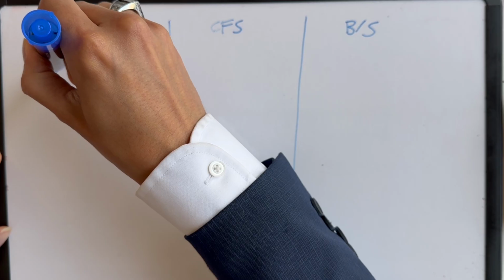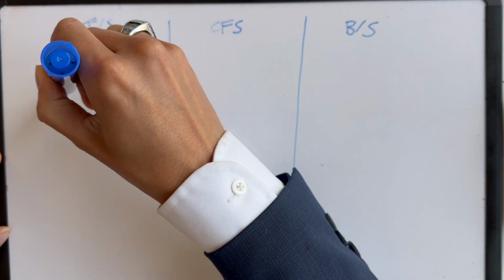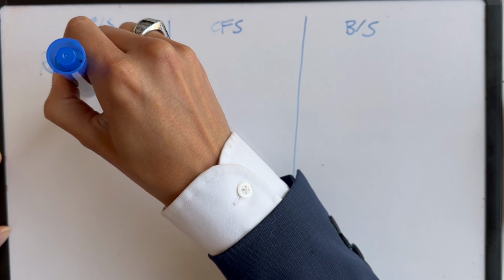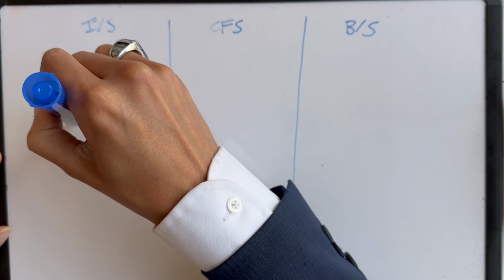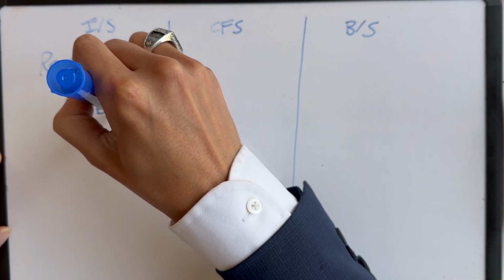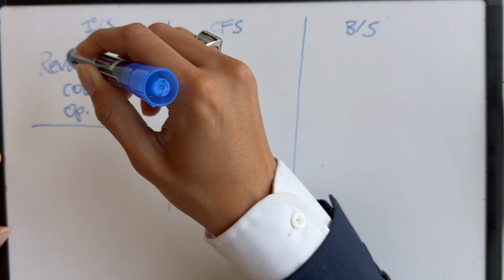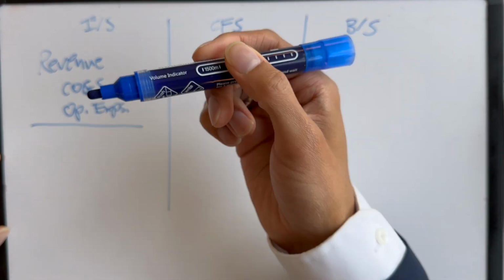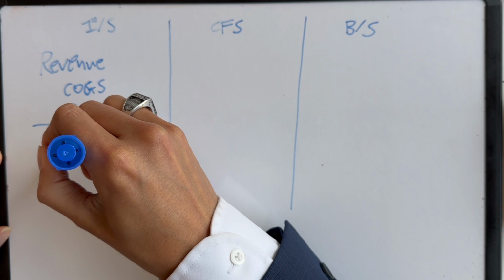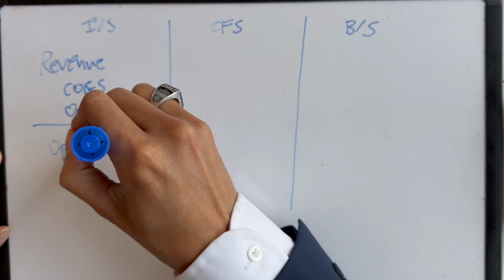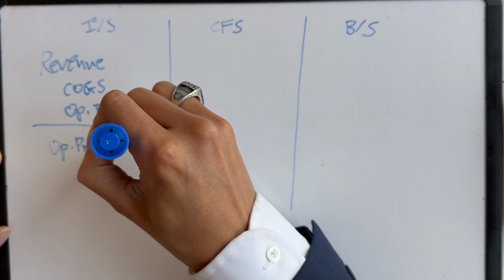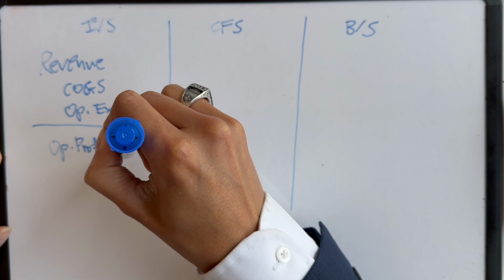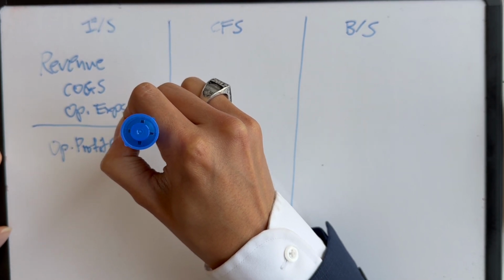So when we're thinking about the income statement, remember that we have revenue at the top, we have our cost of goods sold, our COGS, and then we have other operating expenses. And then if we subtract those out, we get something called our operating profit, also known as EBIT, or earnings before interest and taxes.